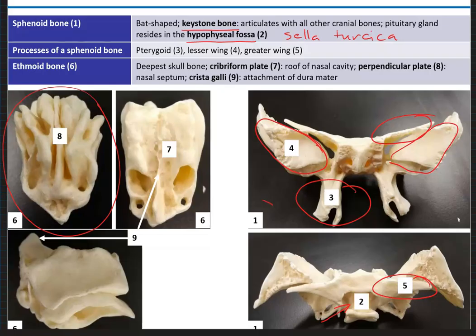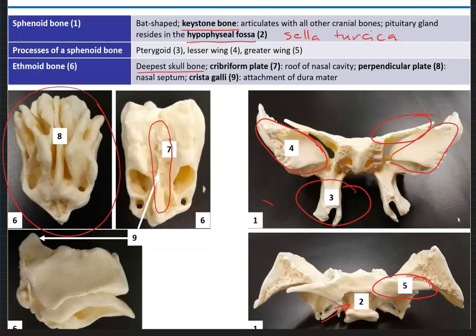Now the ethmoid bone is the deepest bone in the skull. Its cribriform plate forms the roof of the nasal cavity. As we discussed, the filaments of the olfactory nerve go through the cribriform plate.